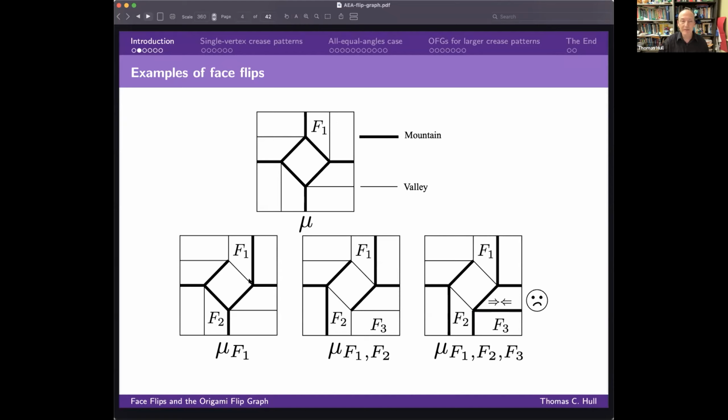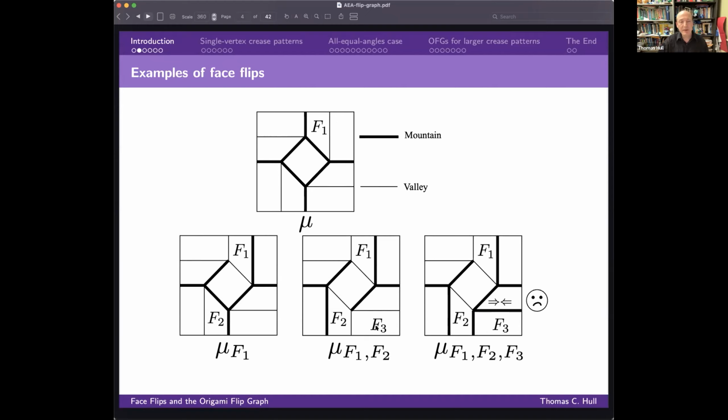This will also fold flat. Then I could flip F2, and that gives me this crease pattern. This changes the original classic square twist, where we have mountains bordering the center diamond, and turns it into this iso-area square twist that is pretty well known.